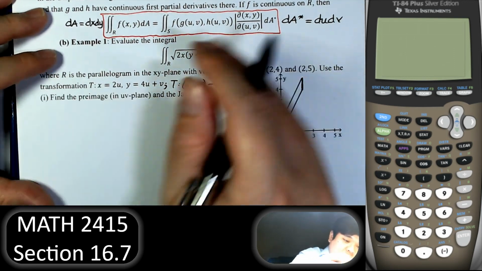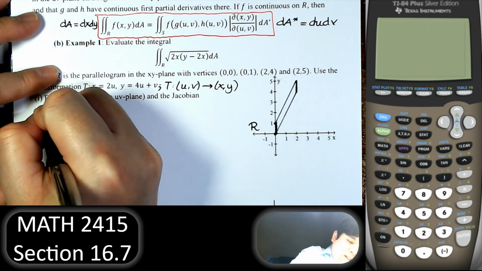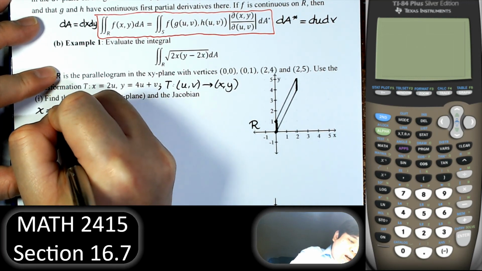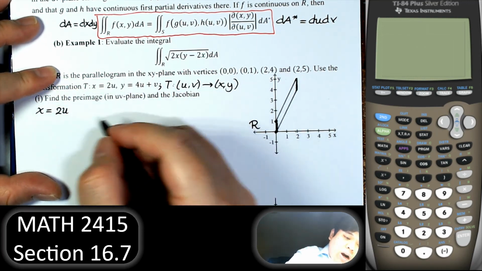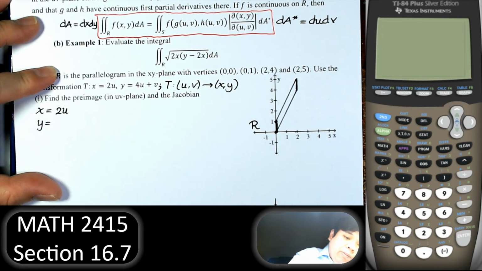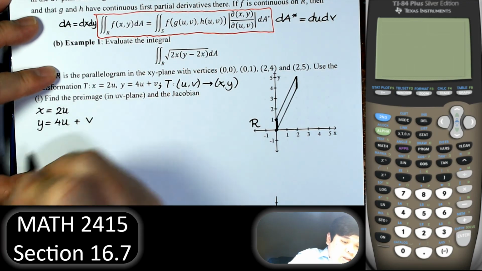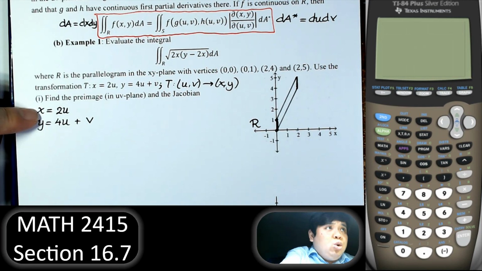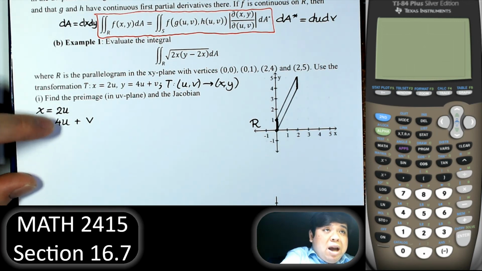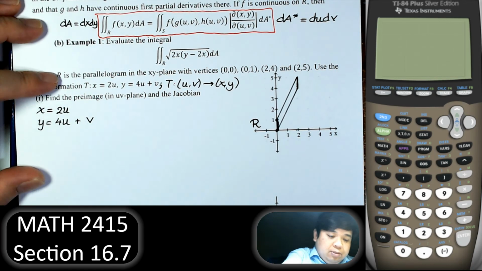So let's say we have x equal to 2u, y is 4u plus v. Now, if x is equal to 2u, can we solve it back in terms of x and y?